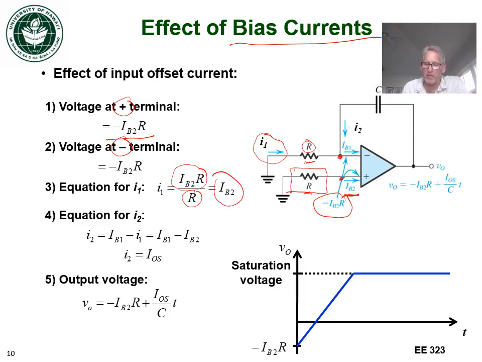Now if we solve for the current I2, that is the current that's flowing onto or off of the capacitor, that is giving us, in other words, an output voltage. We solve for I2 by KCL at this node right here. We can write that I2 is equal to IB1 minus I1. Remember, I1 is IB2.